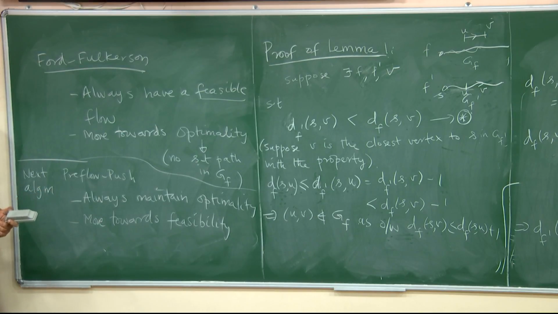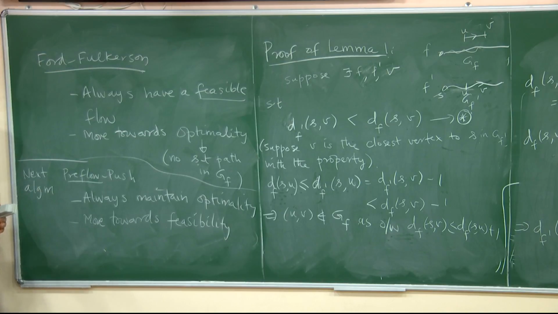So it's called a preflow. It's not a flow, it's some relaxation of the flow, where I relax the conservation constraint. The moment I have reached conservation, I will stop, because since I'm always maintaining optimality, I'll stop.